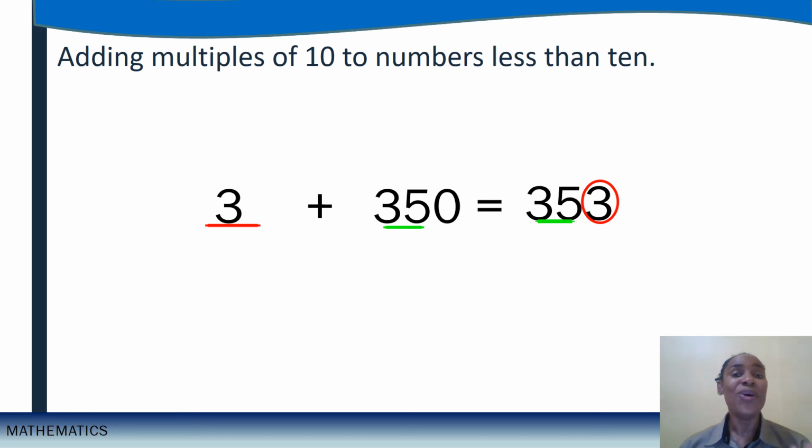Boys and girls, I told you, you would get this so quickly. Adding multiples of 10 to numbers less than 10 is an easy cheese for you. Let's explore some more.